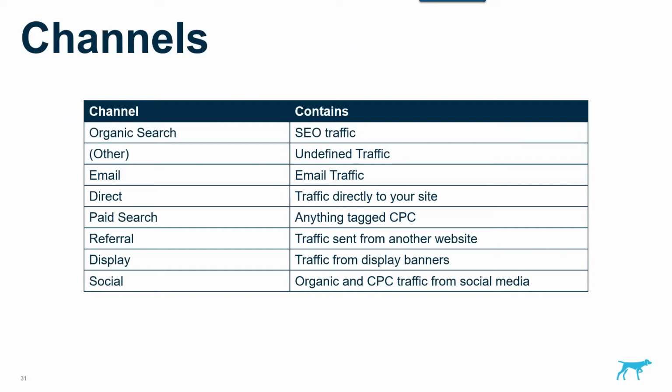Before we go through the different reports, this is a quick cheat sheet on how different channels are defined in Google. So on the left-hand side is channel as per Google. These are the default channels that are available, which we'll see in subsequent reports. Organic search is basically all the SEO traffic.